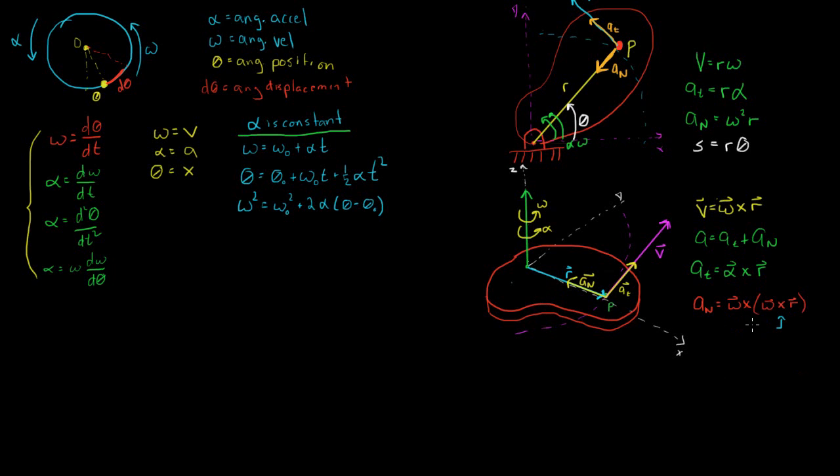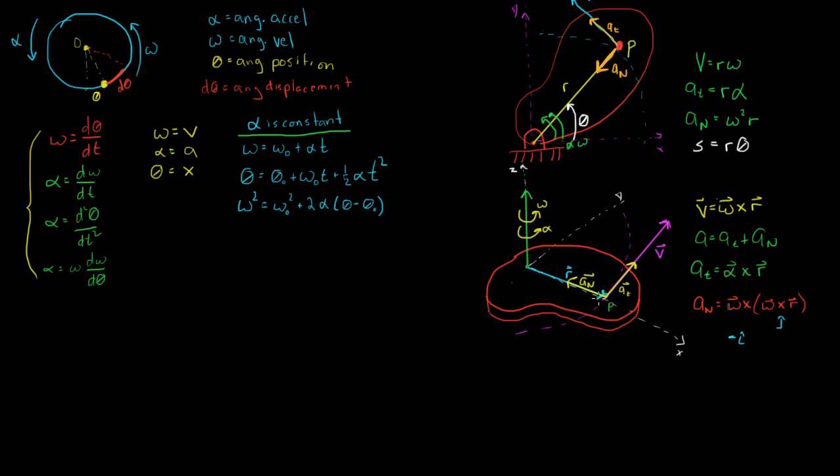Now we're going to have this vector right here crossed with the j direction. So if we have something in the j direction crossed with something in the z direction, we're going to get something in the x direction. And if you do the cross product out, you're actually going to get something in the minus i direction.